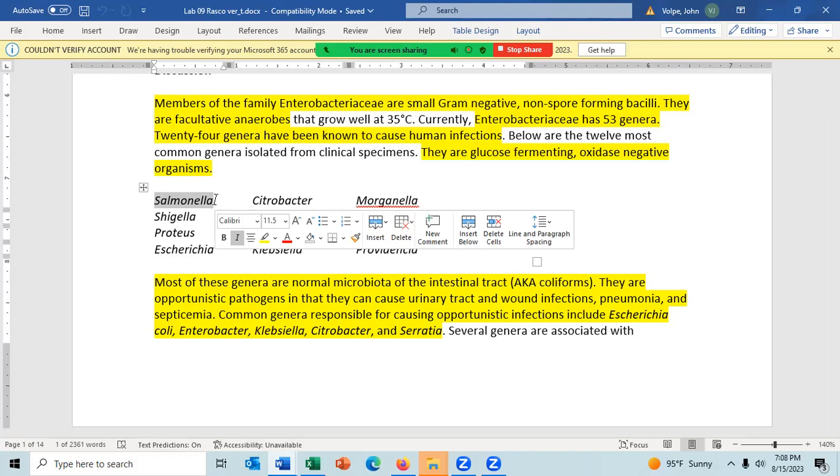They are opportunistic pathogens in that they can cause urinary tract infections, wound infections, pneumonia, and septicemia. Common genera responsible for causing opportunistic infections include Escherichia, including E. coli, Enterobacter, Klebsiella, Citrobacter, and Serratia.